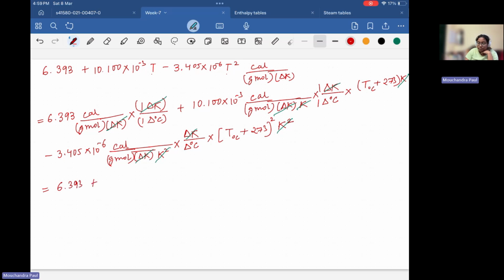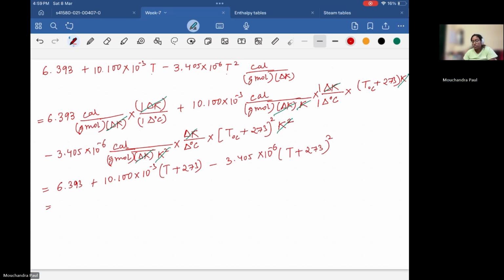For the second term, there is a multiplication of this parameter per term. There is also a multiplication of this parameter. So if you do the squaring here and then adding, the final expression that you will get will look something like this.